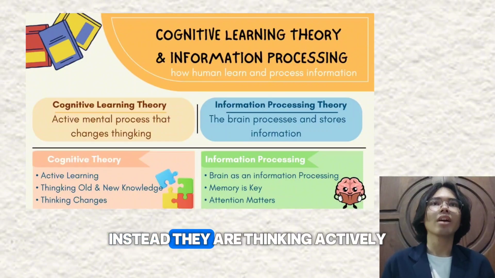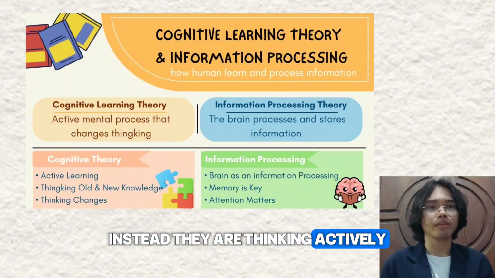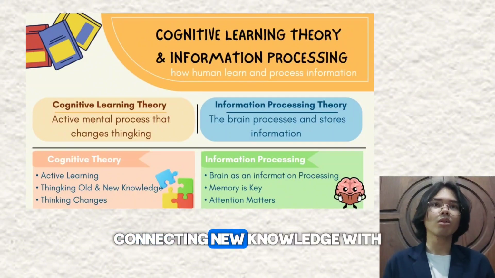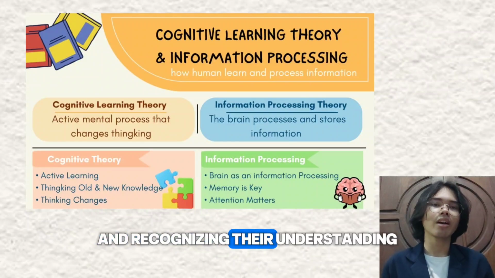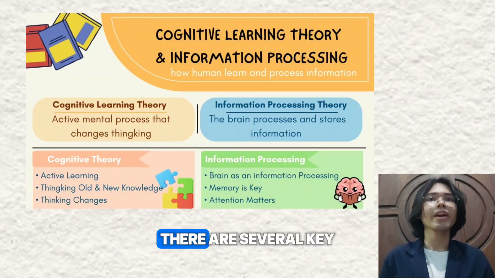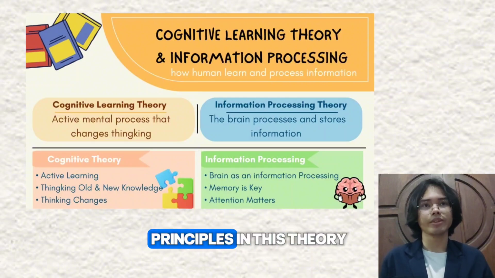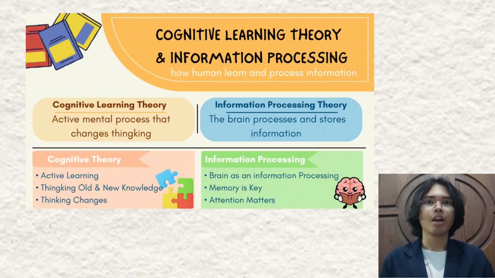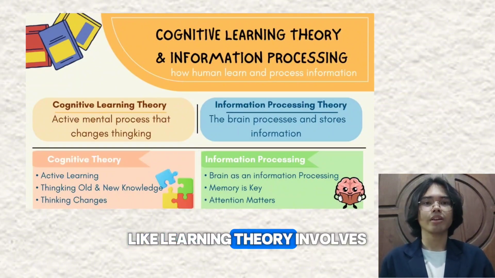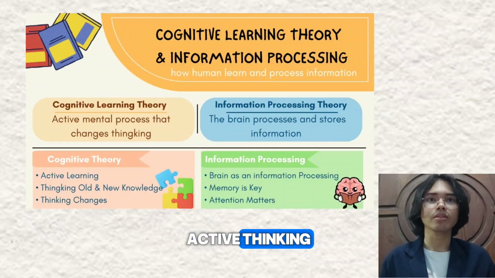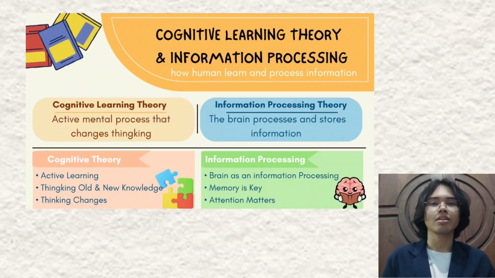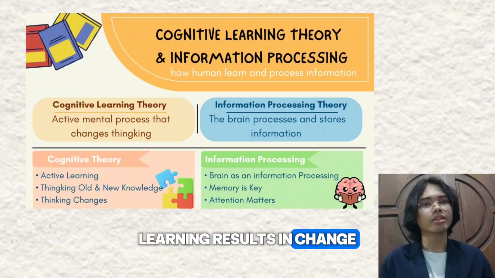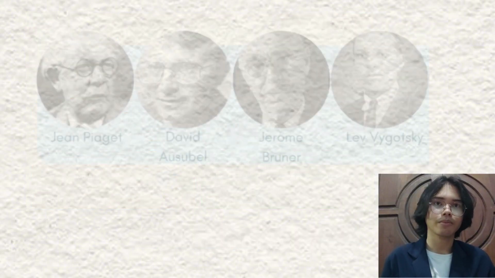Instead, they are thinking actively, connecting new knowledge with prior knowledge, and reflecting on their understanding. There are several key principles in this theory: learning involves active thinking, knowledge must be meaningfully connected, and learning results in change in the thinking structures.